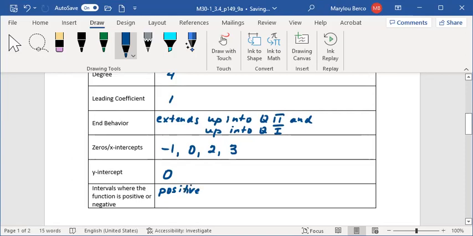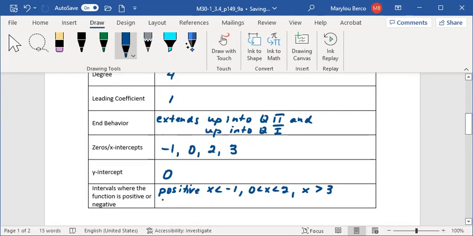it is positive for the values of f of x in the intervals where x is less than negative 1, between 0 and 2, and when x is greater than 3.